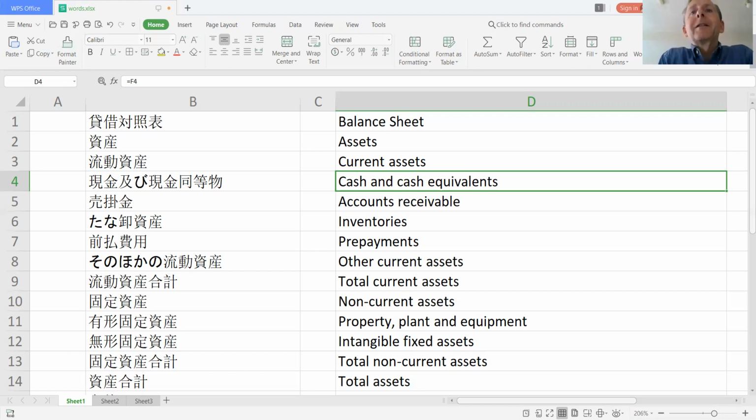In this sense, property means real estate, which means land and buildings.